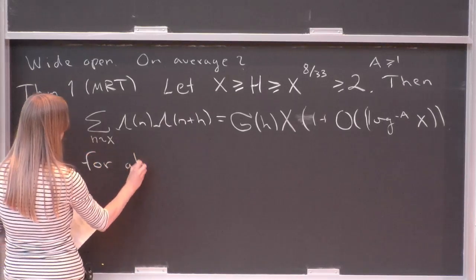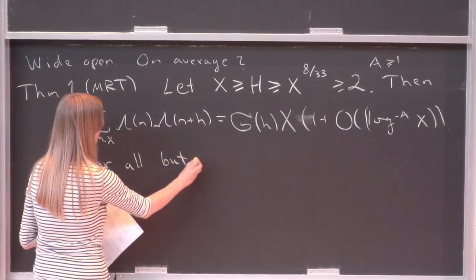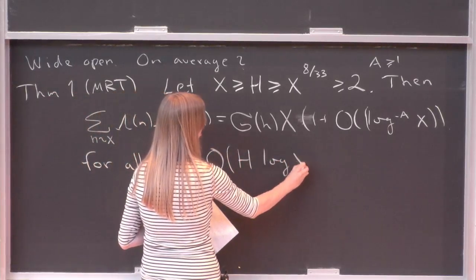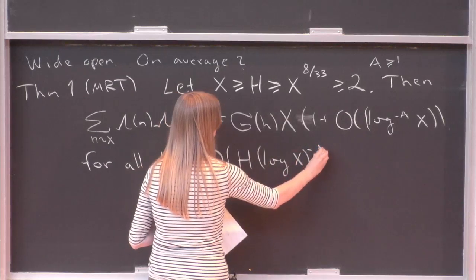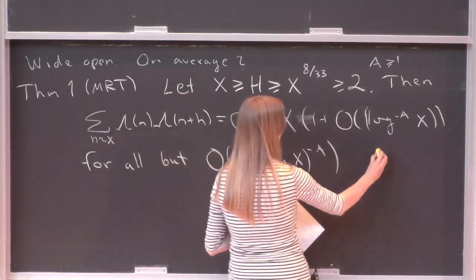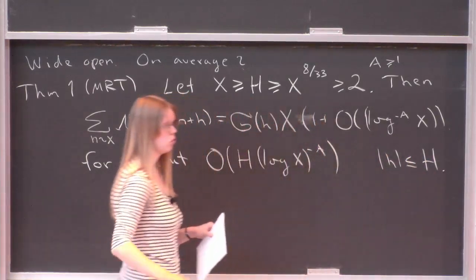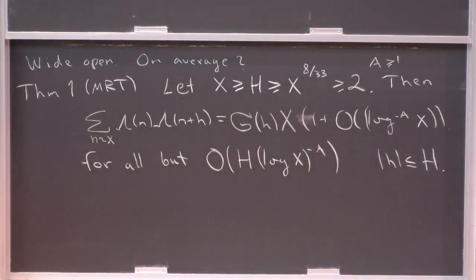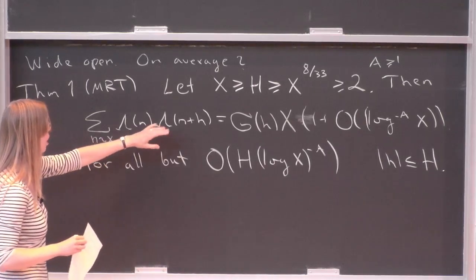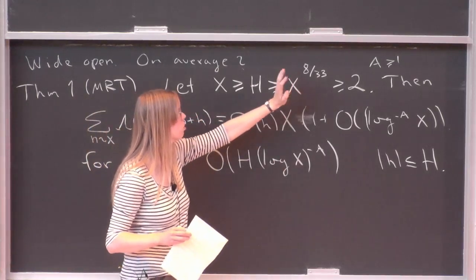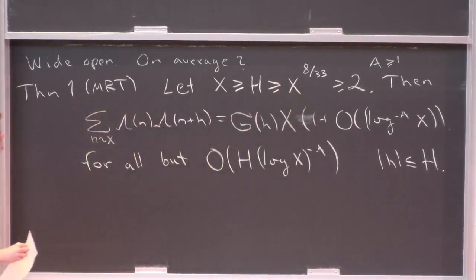This holds for all but big O of H times log x to the minus A values of h smaller than capital H. So we get it for almost all h, but h must be in this range up to capital H, which is x^(8/33).